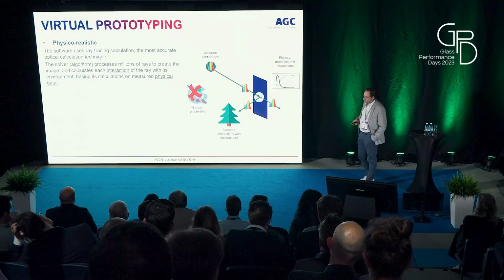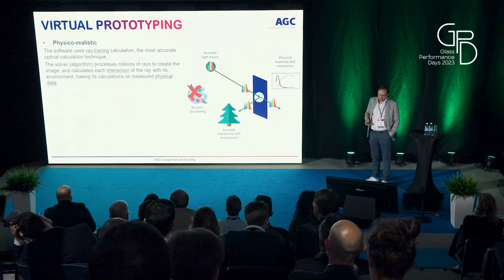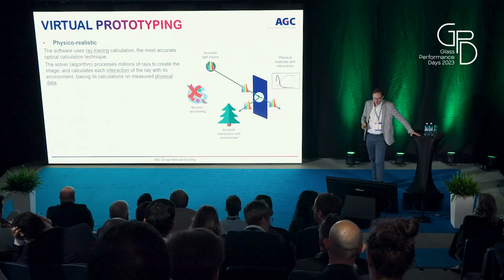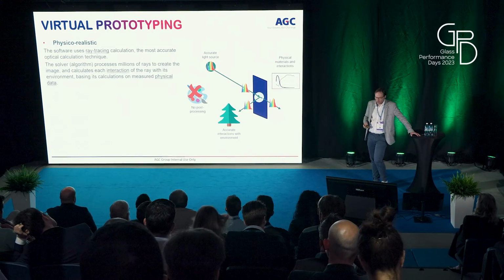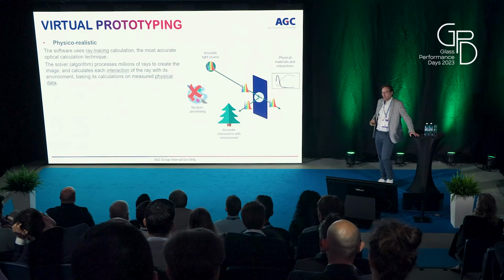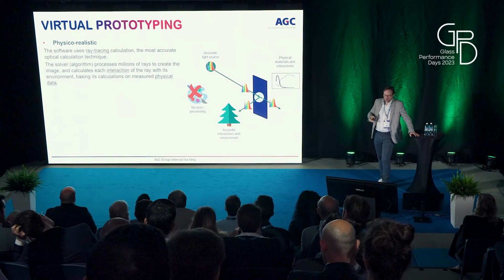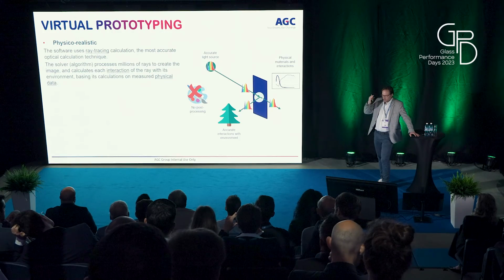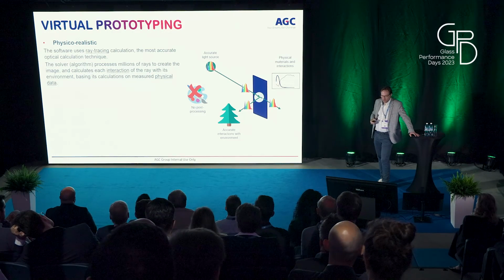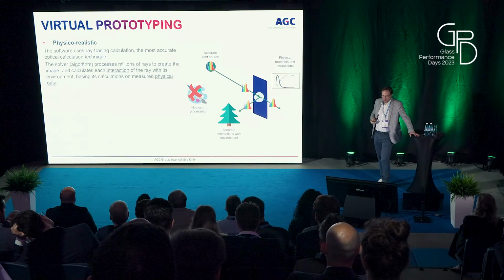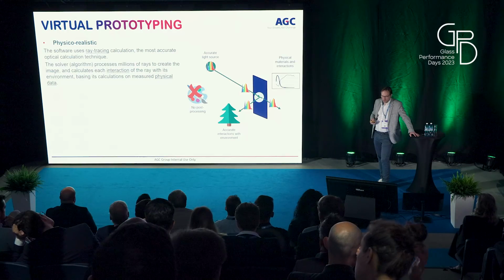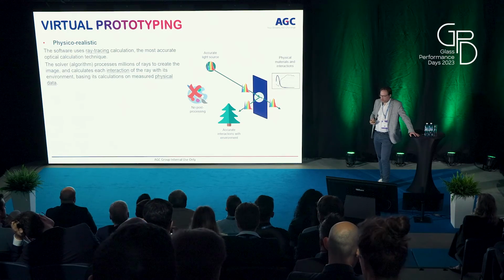Yeah, what does virtual prototyping mean? So it's a physical, realistic ray tracing simulation or calculation. So it's really following the reflected rays which are sent from an illumination, so from the environment. It's reflected from these 3D boundaries or models, and really calculated wavelength by wavelength.